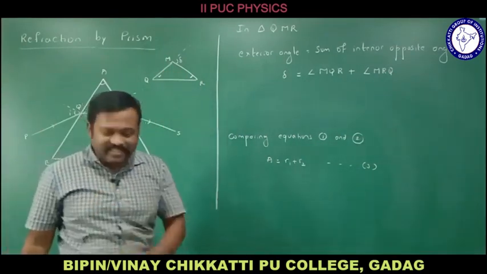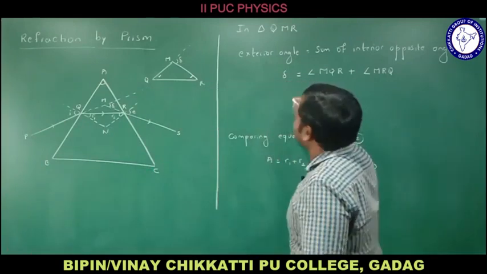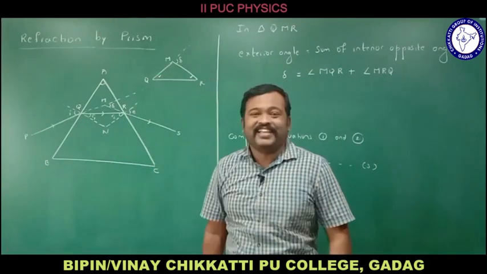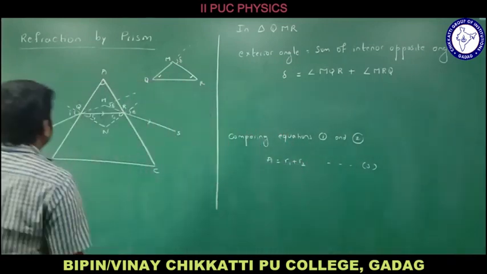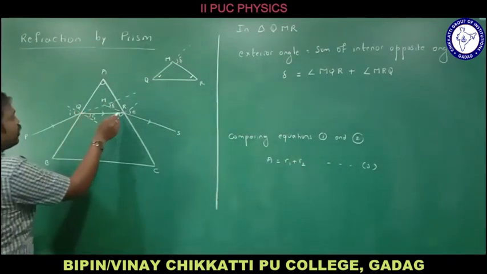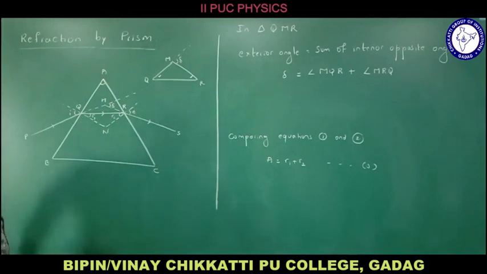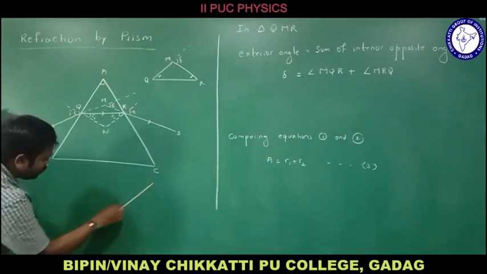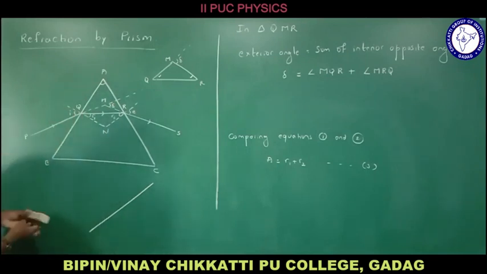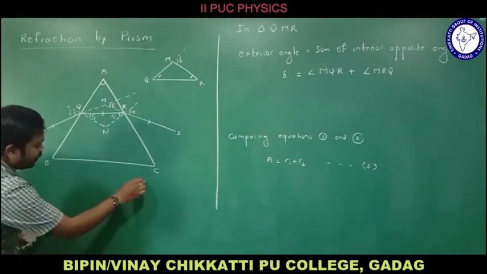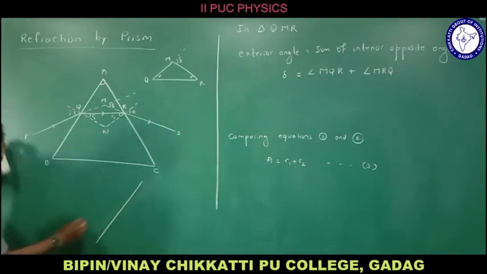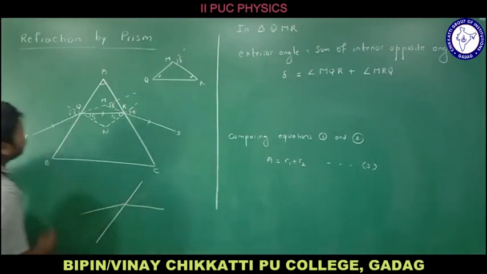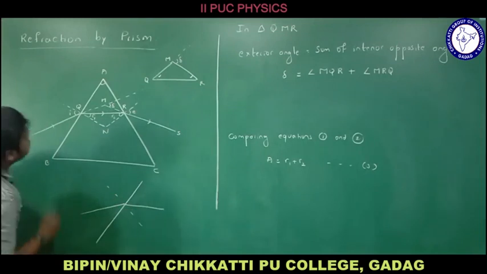Next, what we need to understand here is what is this angle? What is MQR? Just observe in the ray diagram here. If I am considering this as the side, and this is the incident ray, and I am taking this angle here.